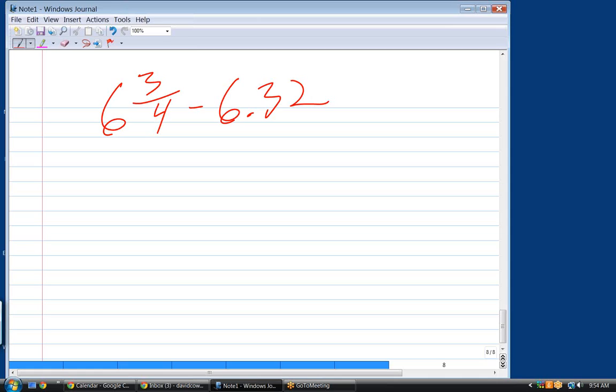Can we change the 6 to 4? What would you do? You change the 6 and 3/4 to what decimal number? What decimal is it? 7/5.